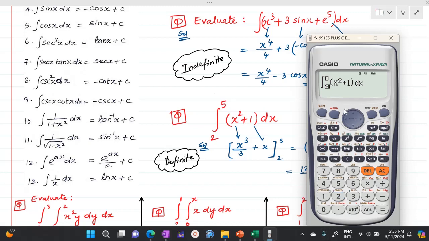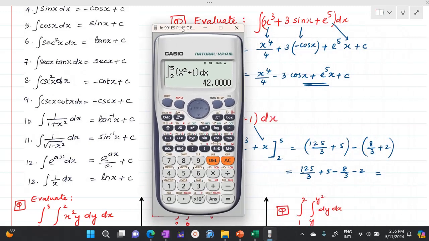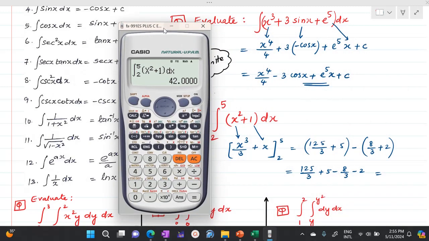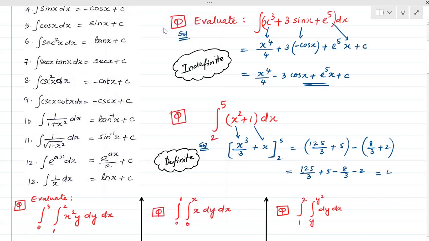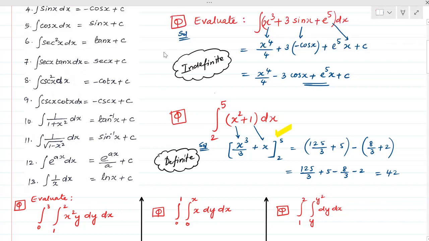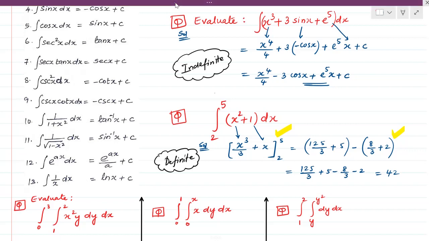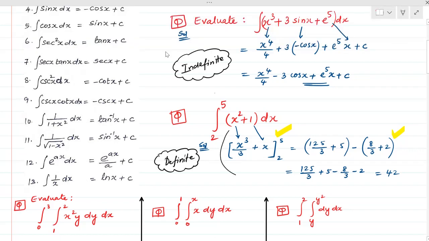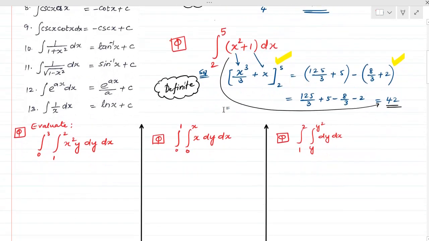The limit is 2 to 5, equals. The final answer will be 42. So in the exam, integration must be done and limit substitution must be done. Thereafter use the calculator and directly write the answer. Clear? In that case you will save your time and you will get the correct answer for all the problems of the definite integral.